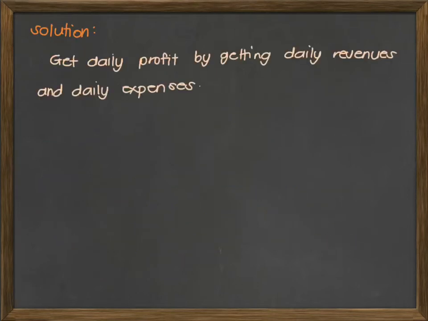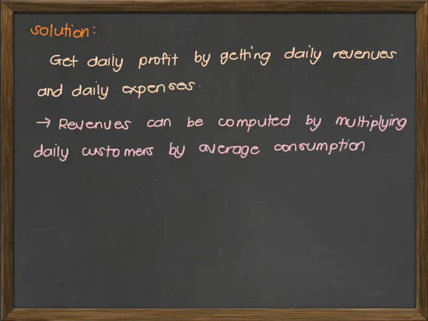Now, we want to determine if the shop is profitable and how many customers should be served daily just to break even. For our solution, we need to get the daily profit by getting the daily revenues and daily expenses. Daily revenues are all the money from their sales on a daily basis, and daily expenses are how much they spend on a daily basis.